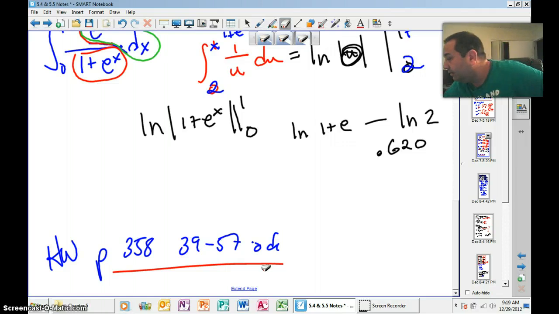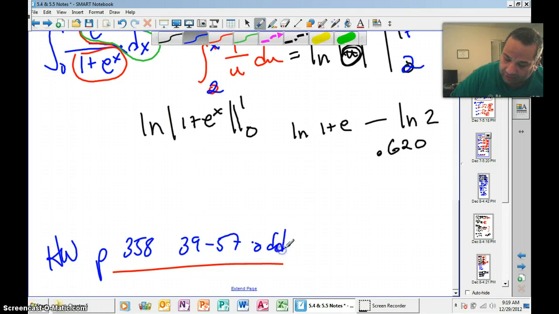Odd. 57's a little much, folks. Oh, they're good problems, though. I'll leave it like that, I guess. Let me look at my paper. Well, this is how much it was. It was 1 page for me. Might be about 2 pages for you. Let's keep it like that.